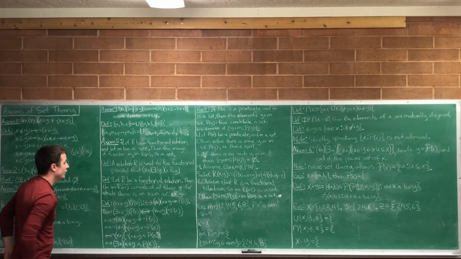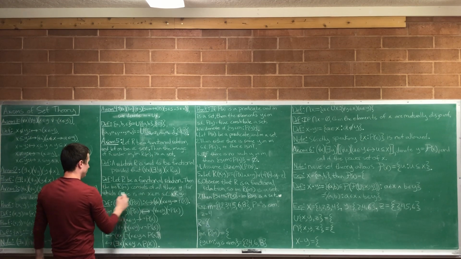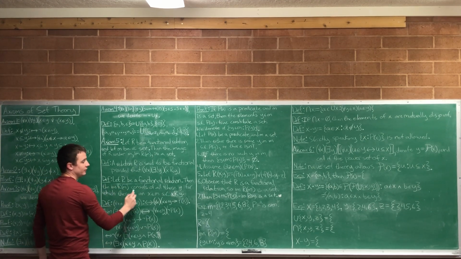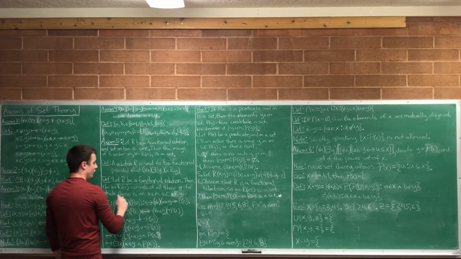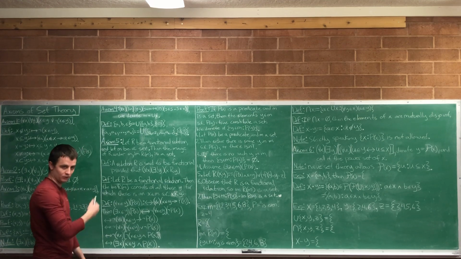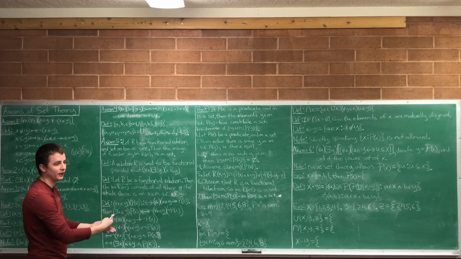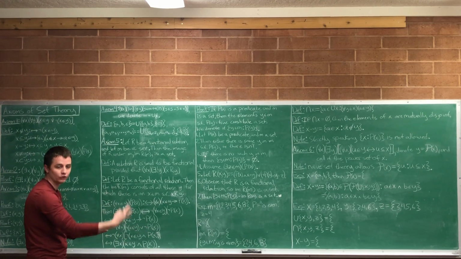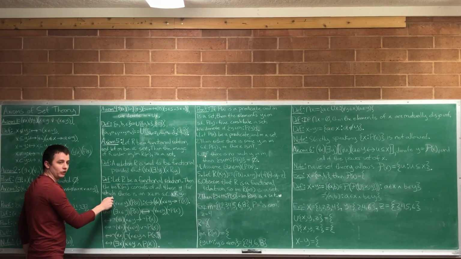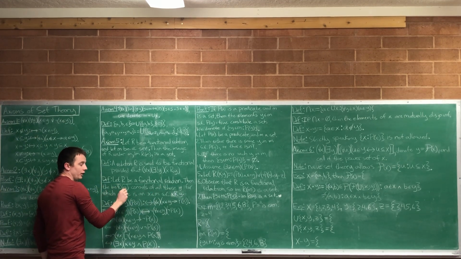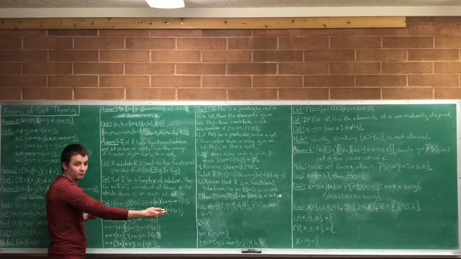Now let's get to the next part. Let R be a functional relation, then the image of R under M consists of all those y's for which there is an x in M such that x is related to y. You're used to thinking about this as all the right-hand elements, all the outputs you get out of the function. It's all the y's. Let R be a functional relation, then the image of R under M is all the things that M maps to.